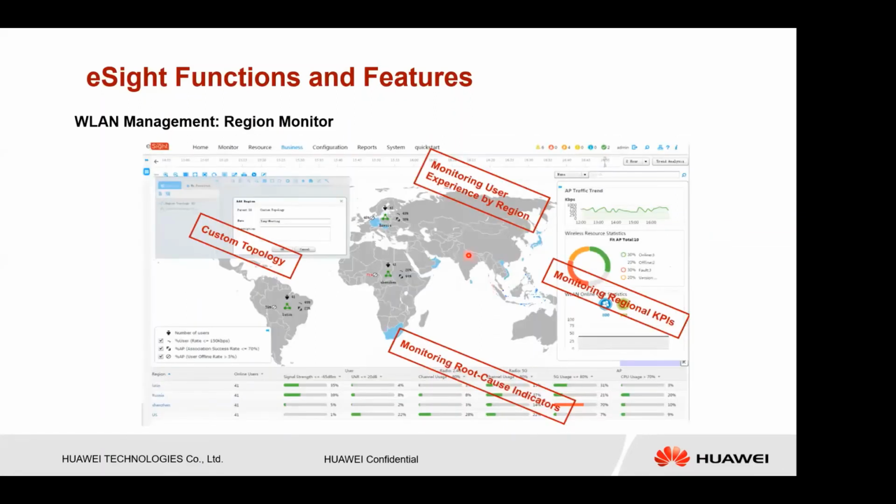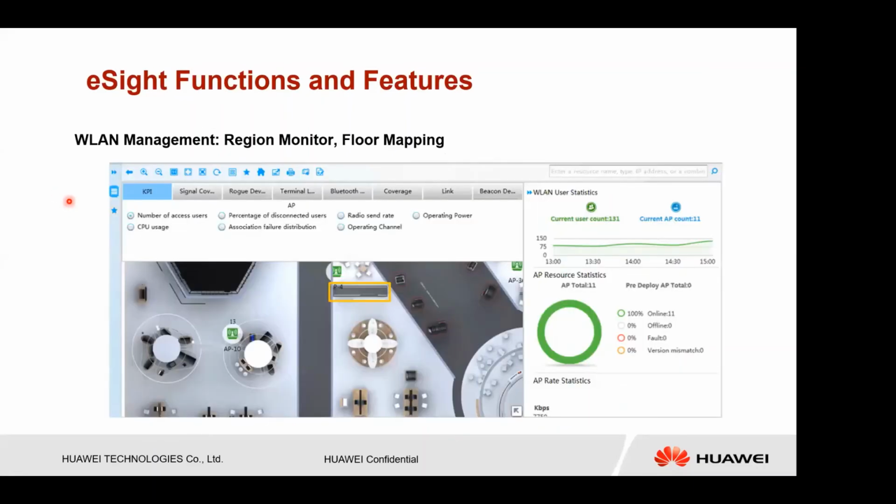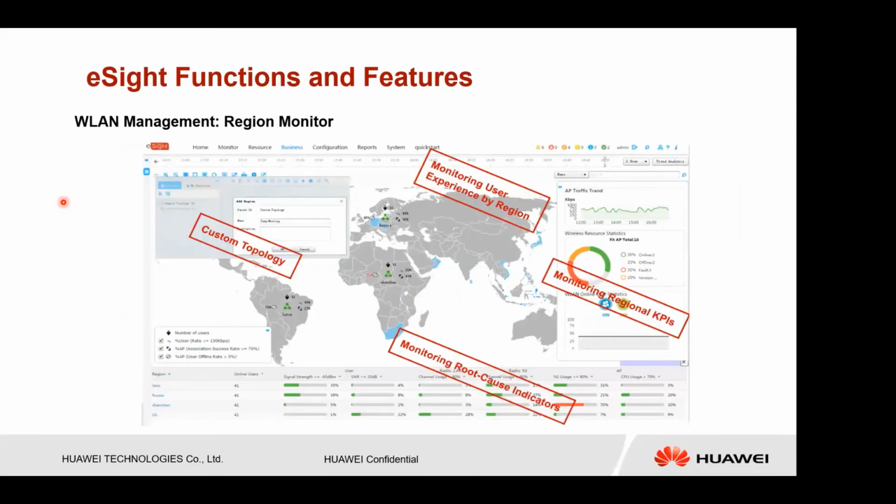So this is the example for the WLAN management region monitor. So you can customize your own topology, and also you can put your own dashboard, whichever information that you want to put, for example, AP trend, traffic trend, or wireless resource statistic, and so on.